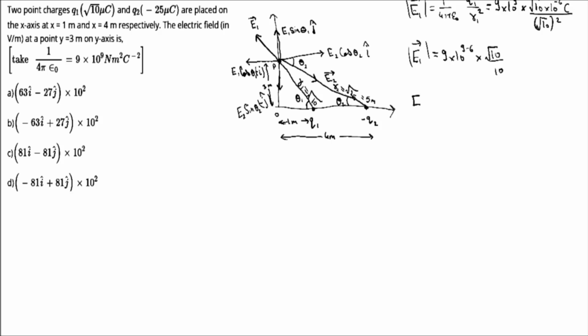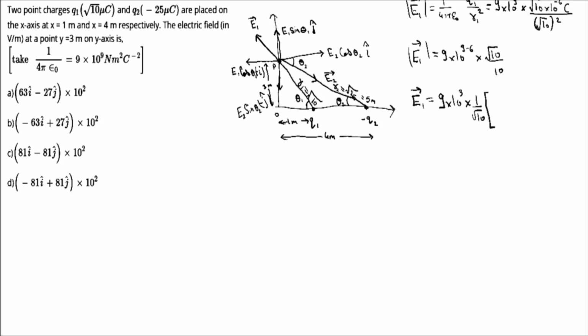If we talk about the full vector of E1, it will be the magnitude multiplied by the two components of the unit vector.